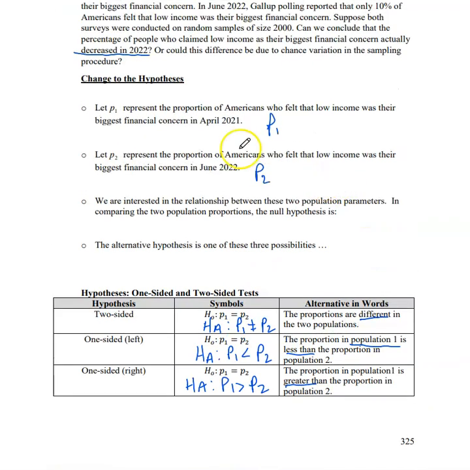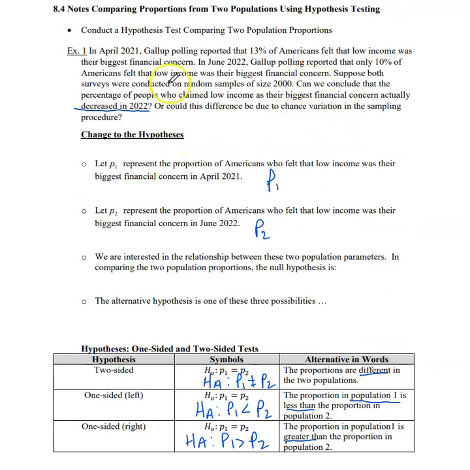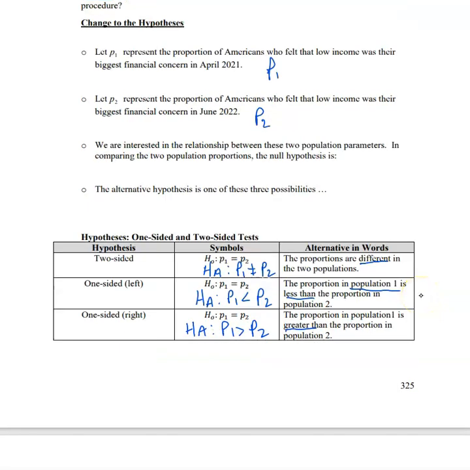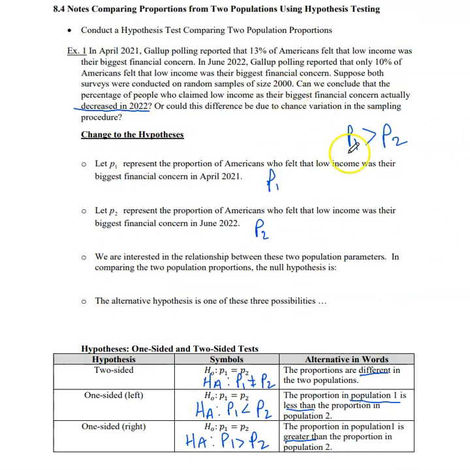So in the example I gave here, the question said, can we conclude that the percentage of people who felt this way actually decreased in 2022? So if 2022 was P2, that means that we would be looking for P1 to be greater than P2. That would be our alternative in this example, because we want to know if there was a decrease, if P2 was lower than P1.